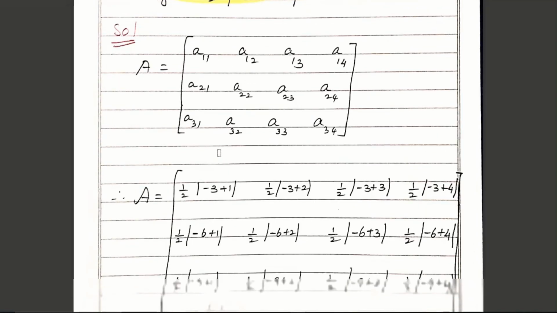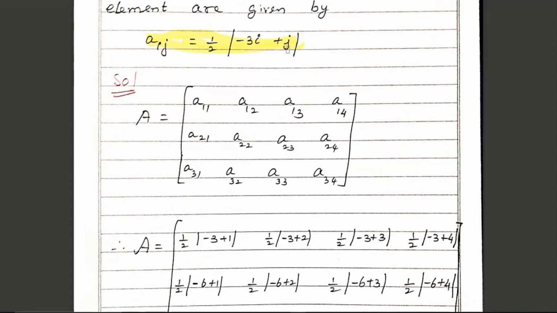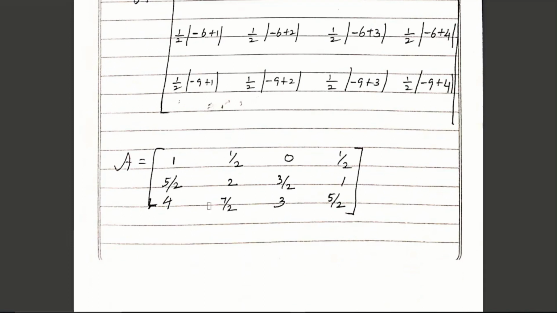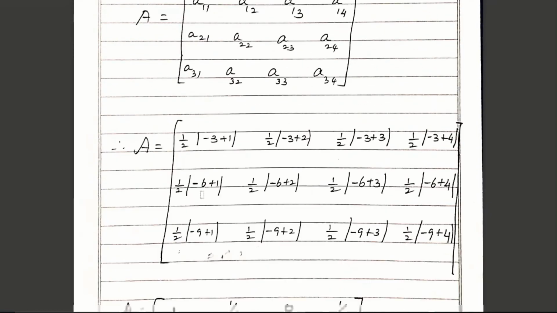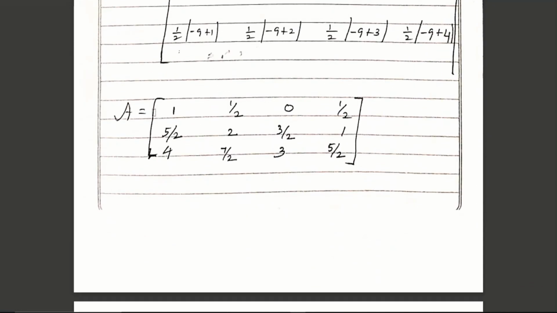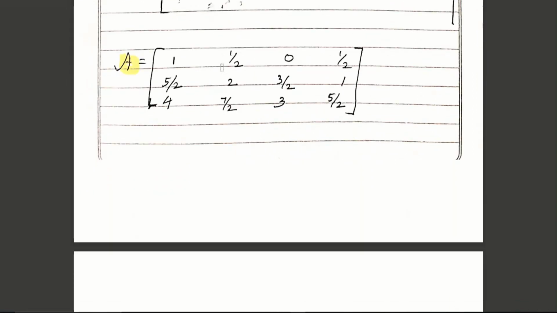Substituting in the respective places, a11 is half of modulus of minus 3i plus j, where I have put 1 for i and 1 for j, so minus 3 into 1 plus 1. Like that it has been substituted and we have got this answer. We have constructed the matrix. Do you understand? He has given the general form of how the element will be, and I have done it like this. If you want, you can take a11 and a12 separately, write them individually, and finally give only this matrix in the answer. I have put it all together in this matrix representation. If you like, you can write a11 equal to, a22 equal to separately, and finally you can end up with the answer.